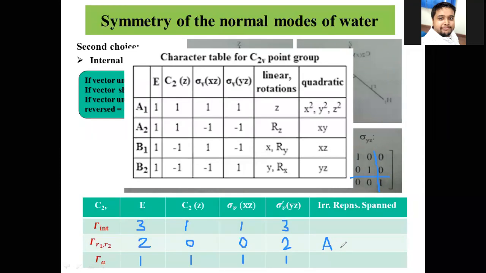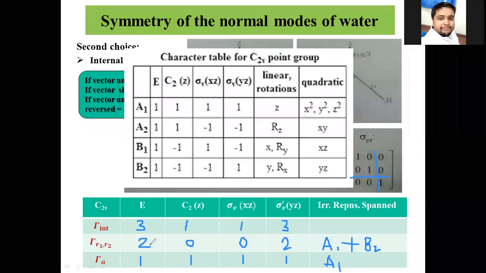So that is going to be E1 plus B2, right? Okay, I hope you understand that. And this alpha, of course, if you look at here, all are 1, so that is going to be the totally symmetric representation, that is A1, right?